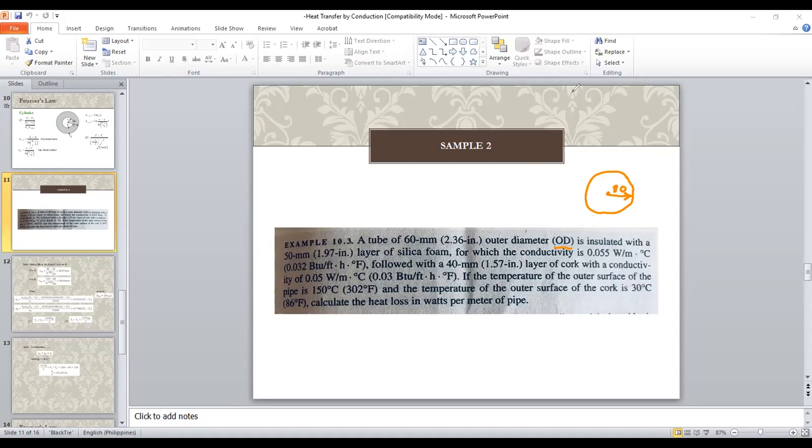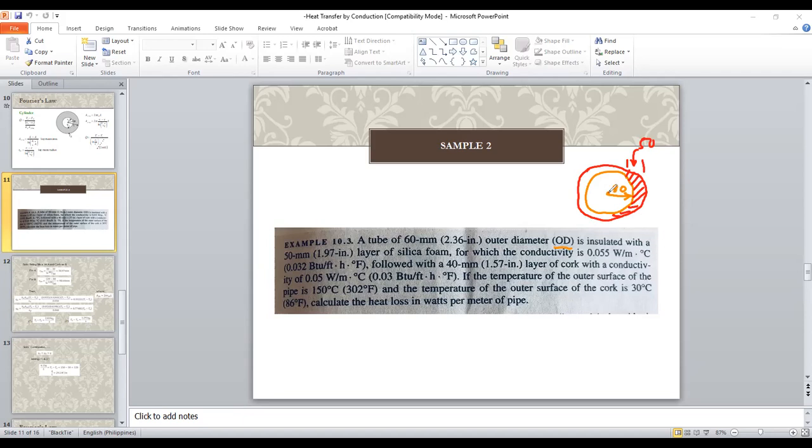Now, I will add the next layer, which is silica, which is 50 mm. So if I have another circle here, I have difficulty drawing a circle, class, pasensya. So you have this one. You'll see that I have this thickness of silica. So that's 30 plus this 50, that would be the 80, the radius 80 measured from the center of the pipe.